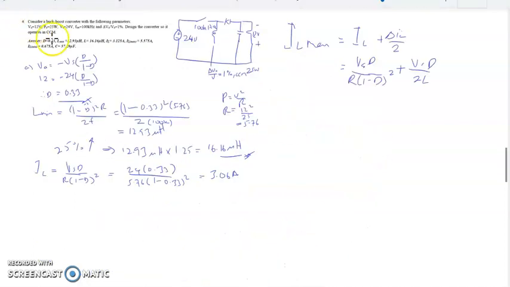To look at the maximum inductor current, I L max, from our formula it is I L average plus the difference between your maximum and minimum range divided by 2. So I L max equals I L average plus delta I L divided by 2. Here we have 3.06 plus, for delta I L over 2, V source times D divided by 2LF.